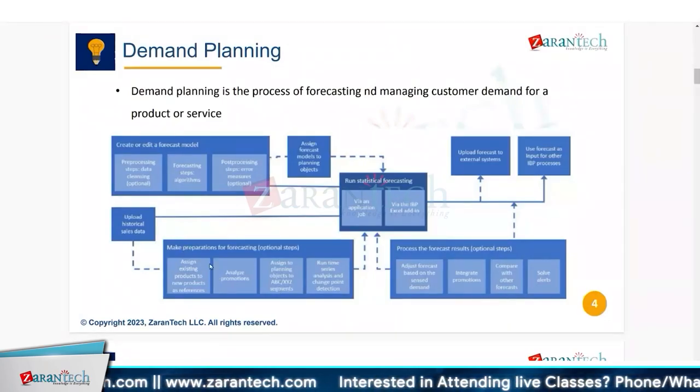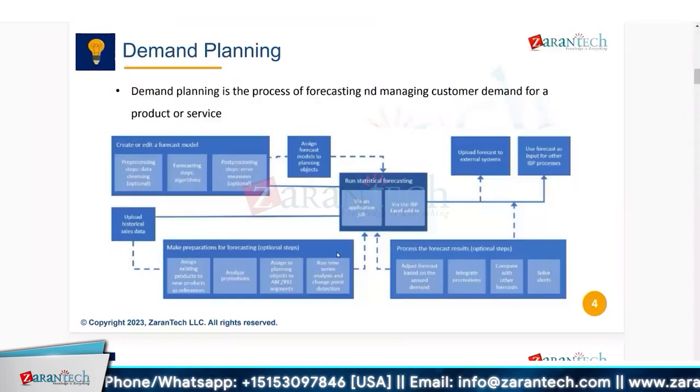Some of the pre-preparation steps are outlier correction, then assigning the planning object, and XYZ segmentation. A pre-preparation step can also be ABC classification, so that you have the weightage of which products are to be given what kind of forecast.